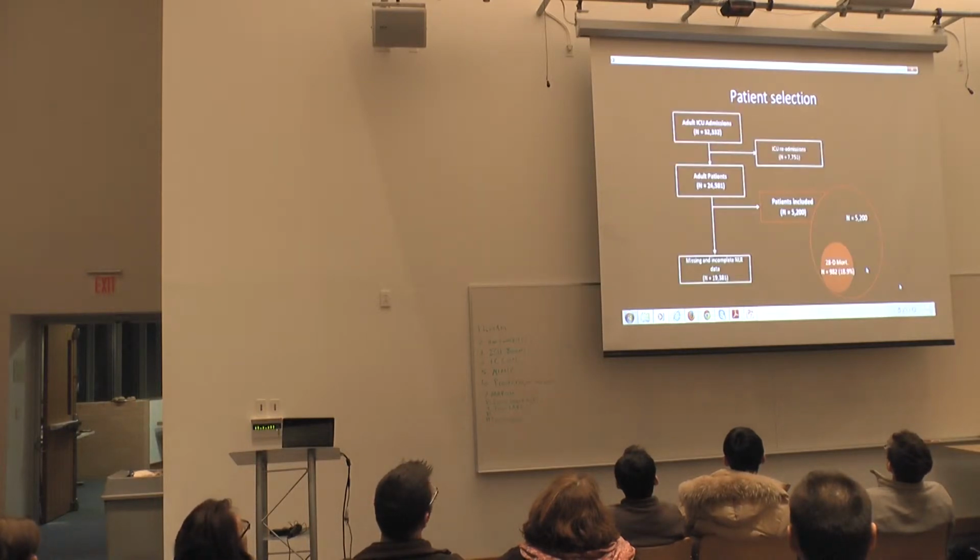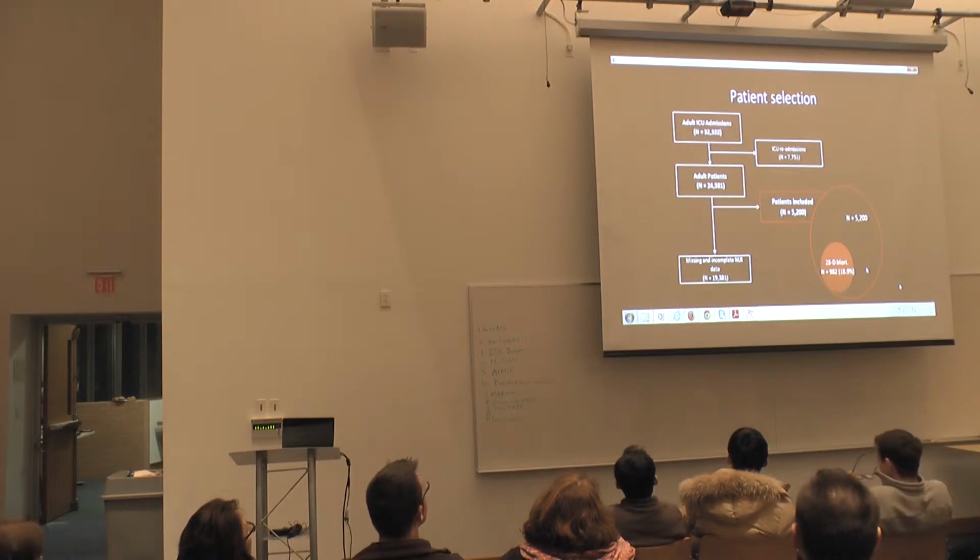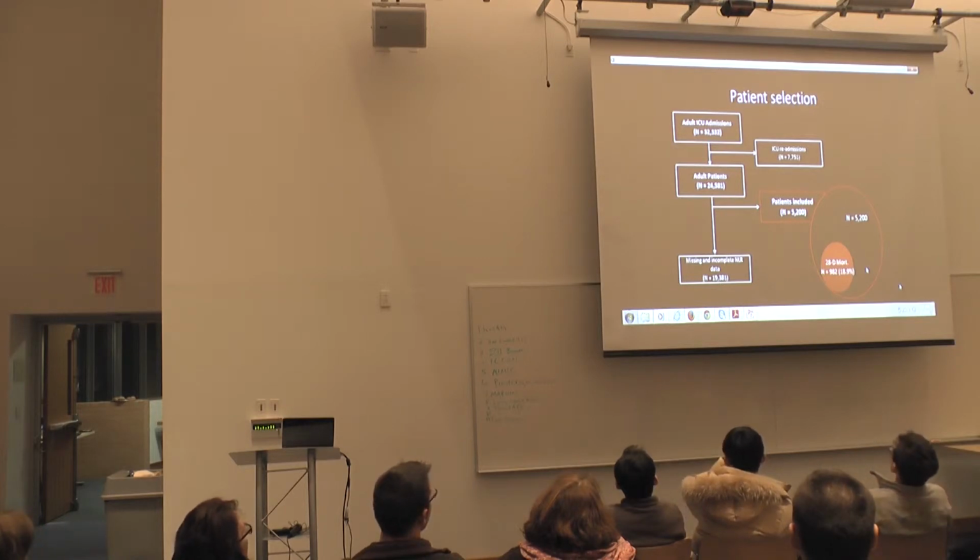From the Mimic database, we selected all first admissions of adult patients to the ICU. As you can see, a large number of patients who did not have NLR data at admission were discarded, and we ended up analyzing a cohort of 5,200 patients, and we used the mortality at 28 days as our primary outcome.